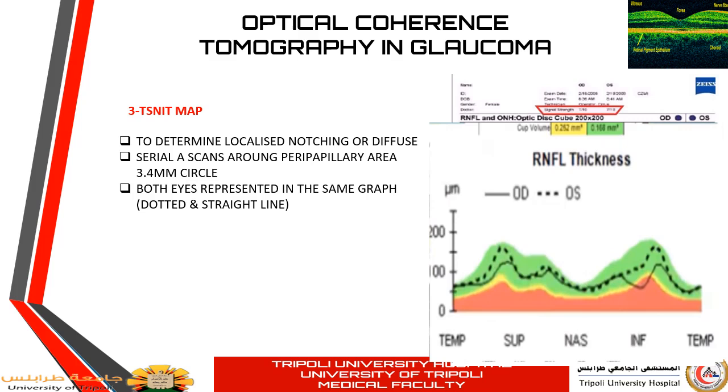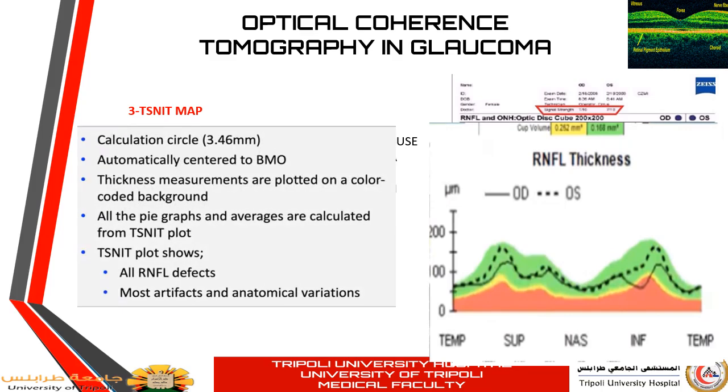Always, glaucoma will start thinning in the inferior pole, followed by the superior pole of the optic disc. So now here, this is significant that there is dipping of the thickness of the nerve fiber layer at the inferior pole here of the optic disc. So this is called the TISNet map, and both eyes are represented in the same map.